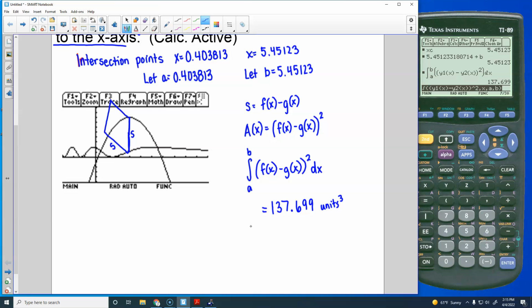Volume should always be positive. So if you get a negative, you've done something wrong. In your case, you just need to use the positive instead. But there are some things you could do wrong that would give you a negative where the positive would not be the correct answer.